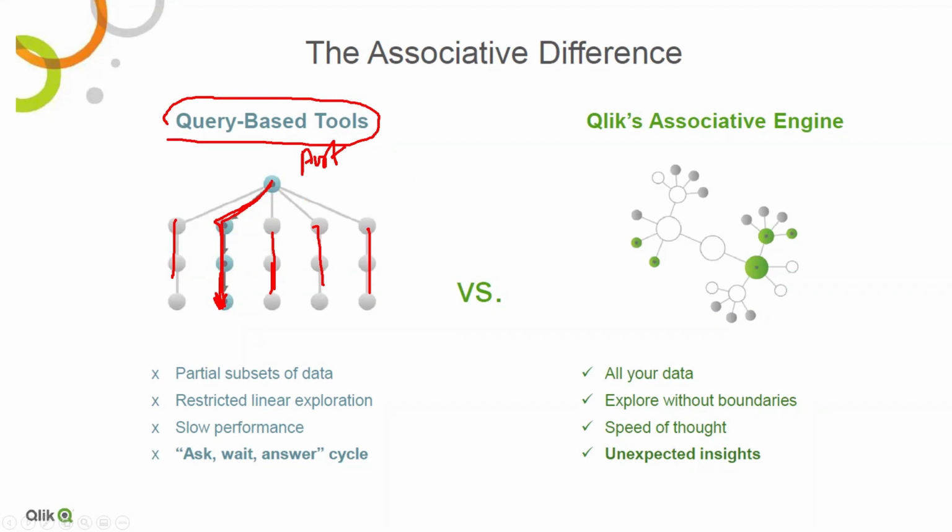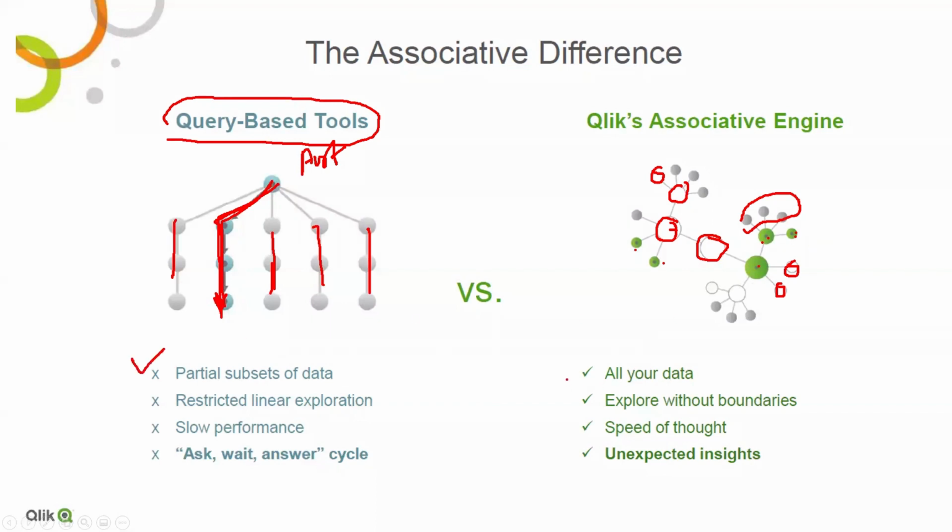It's not visible to me, right? Because I'm going down in one direction. However, when you use Qlik's associative engine, all the connected dots will show up, right? All the connected dots will light up in the white color. So you know that, okay, this is what is applicable for my selection. This is what is not applicable for my selection. So in the query-based tool, you have a partial subset of data.